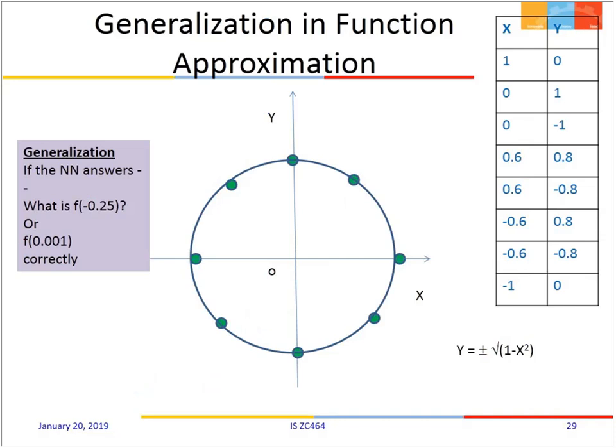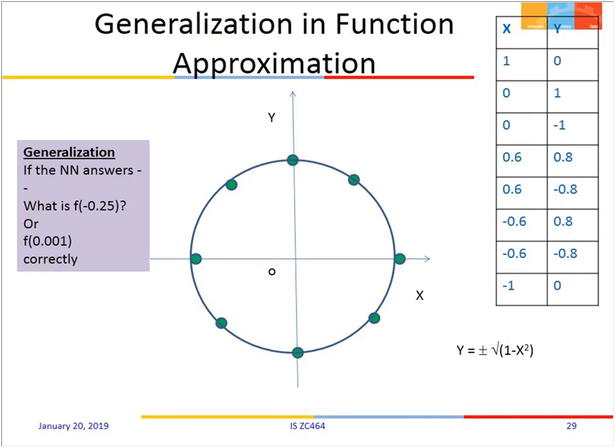So the value of y, the actual output, is 0, 1, minus 1, 0.8, minus 0.8. Just looking at the data, we humans also could have got confused. What is this curve? Whether it is a line or a parabola or a circle or ellipse, we do not know unless we plot all these points. But the moment you plot all these xy points, you know that it is a circle.